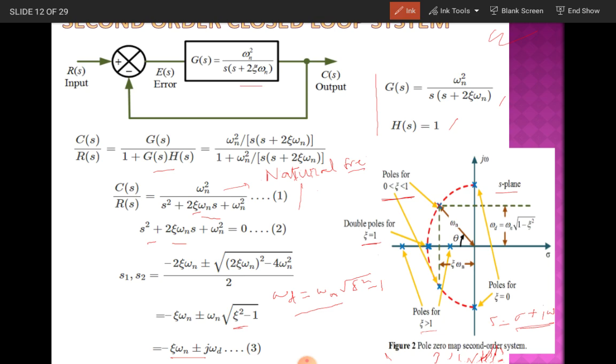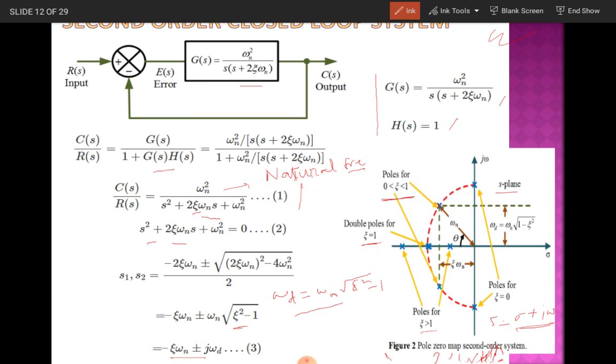Here the damping factor plays an important role in changing the characteristics of the system. If you vary the damping value, the system transient varies accordingly. Some systems may have more oscillations, some less. It may be very slow in nature, while some systems respond fast.